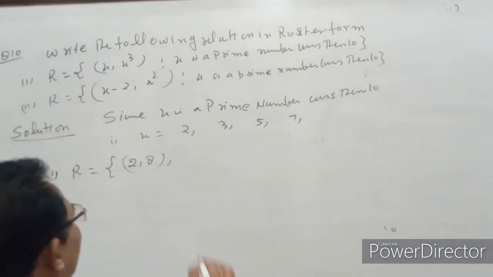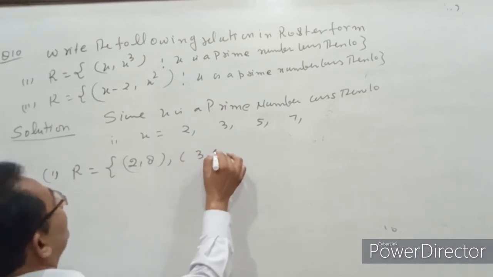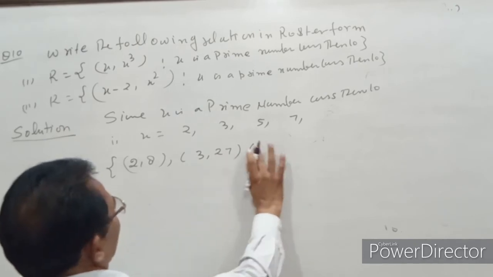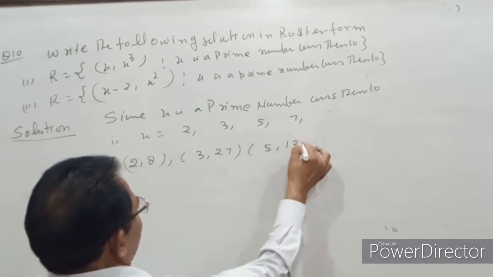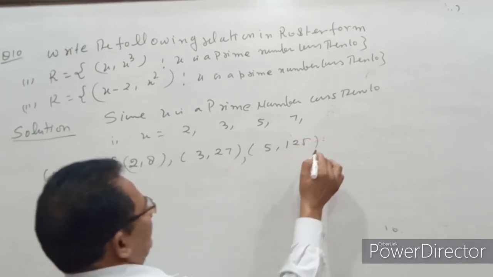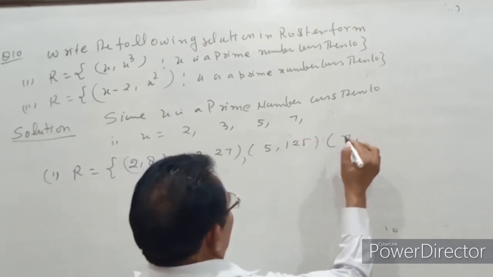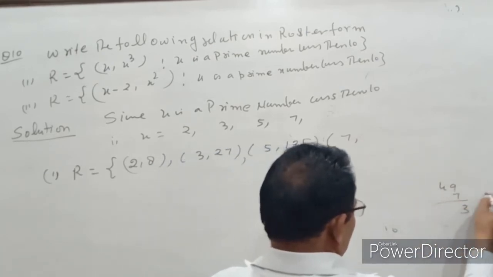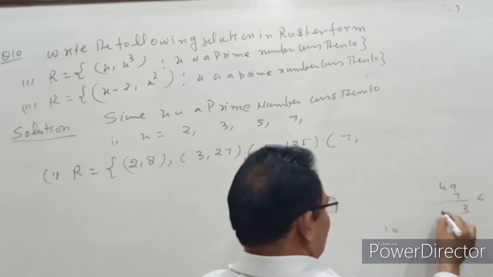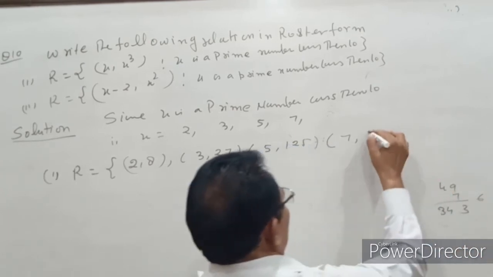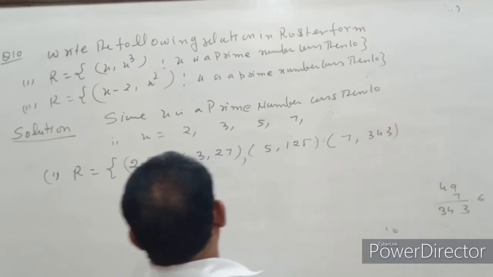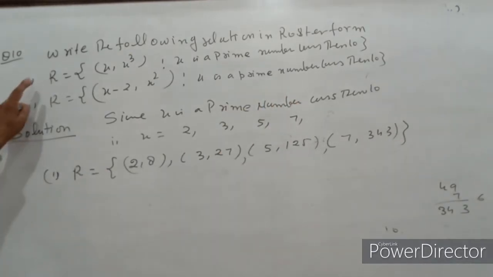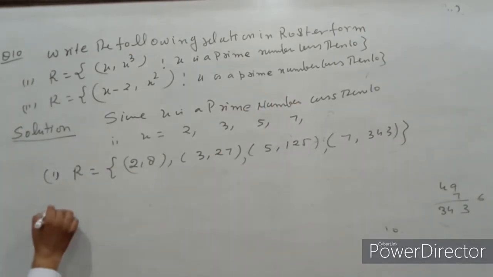If we put 3, so then 3, 27, or if we put 5, so 5, 125 ordered pair, or if we put here 7, so then 7, 343. These are the ordered pairs which belong to R. So therefore the roster of the R is second.